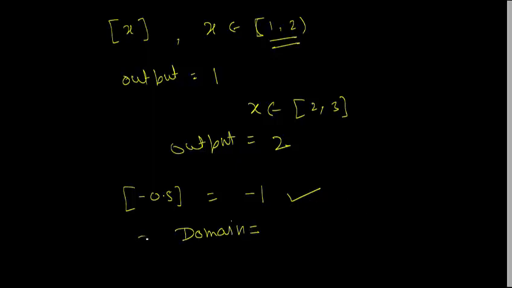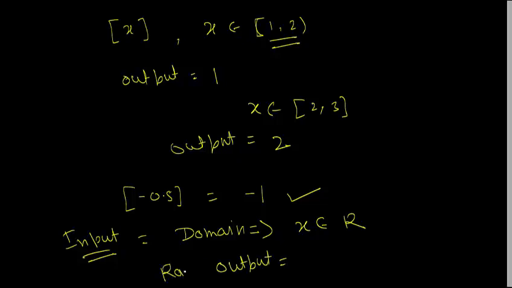Domain is called input. So what can you give as input for x? You can give any real number. Anything is possible. And its output is also called the range, also called y. So what is the range of this function? Only integers.